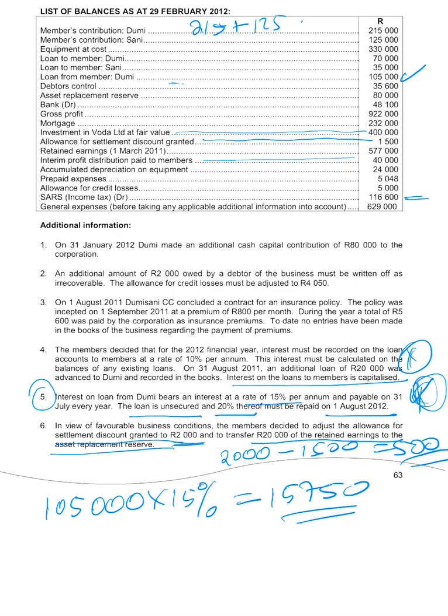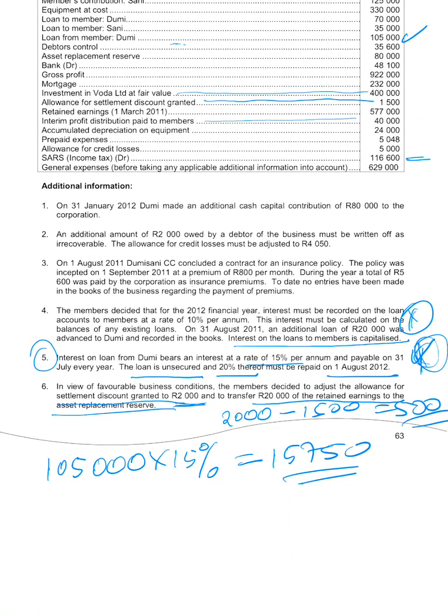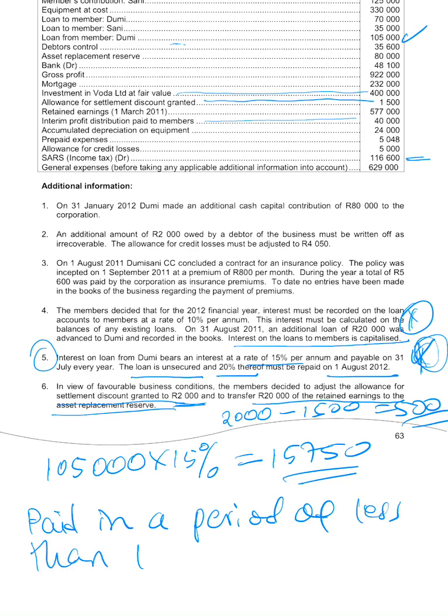Our year end is 28 February 2012. So meaning that this amount is going to be paid in a period of less than 1 year. So therefore it will be equal to a current liability.